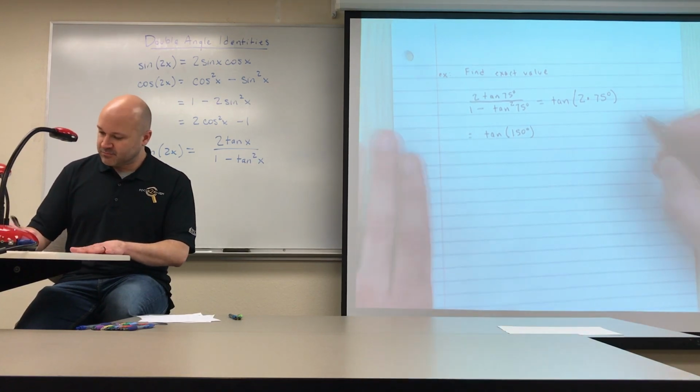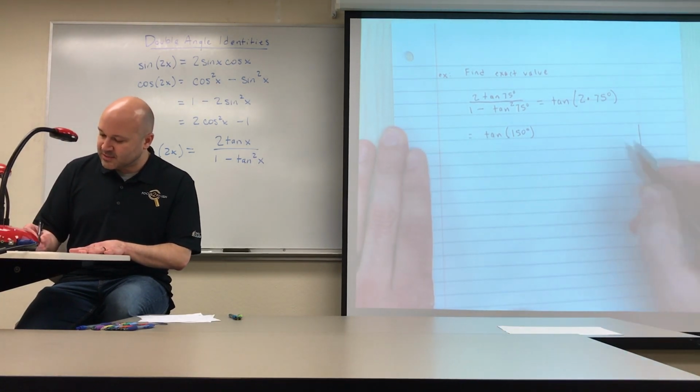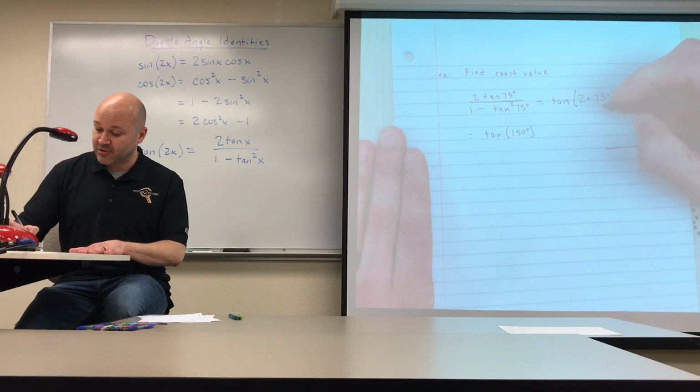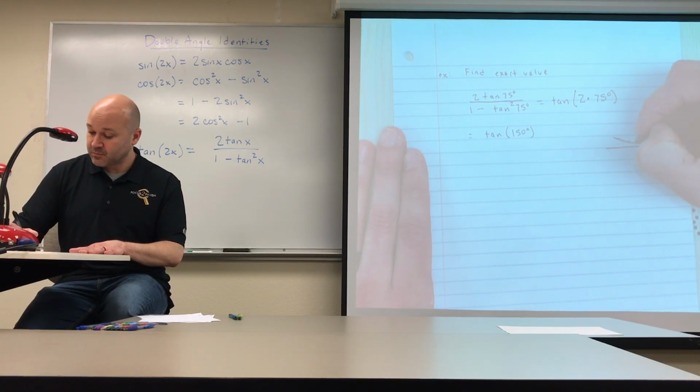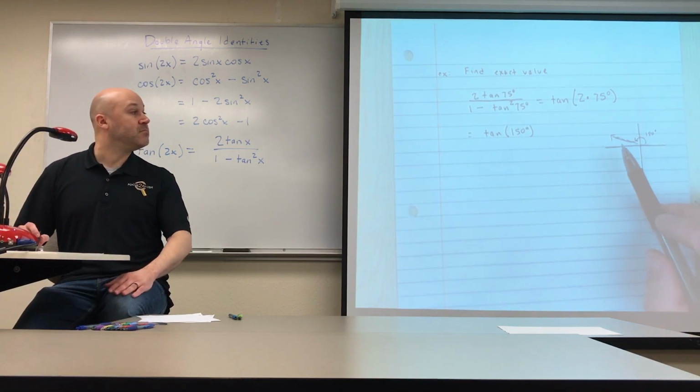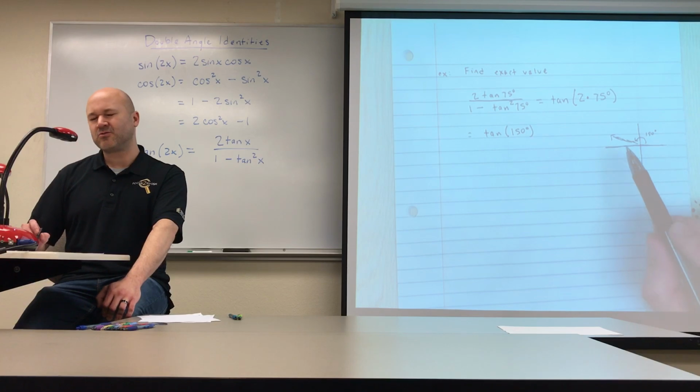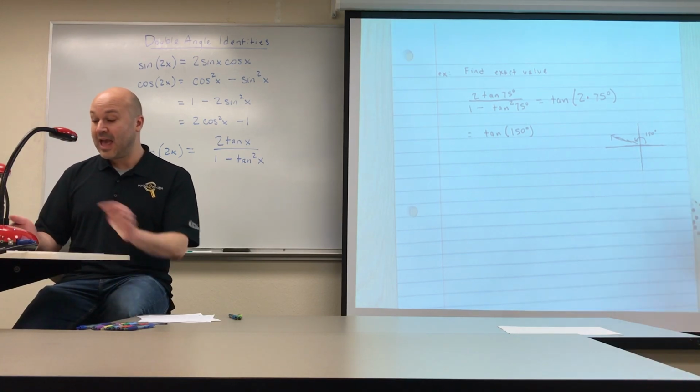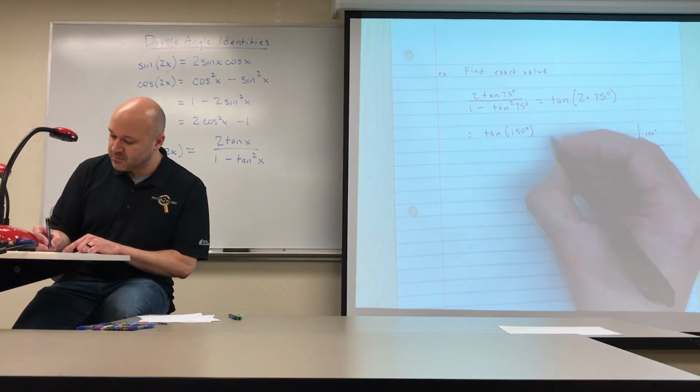If I'm just mentally, I think it's the closest tick mark to 180 degrees. And I've got tangent memorized there as the square root of 3 over 3, negative because I'm in quadrant 2.